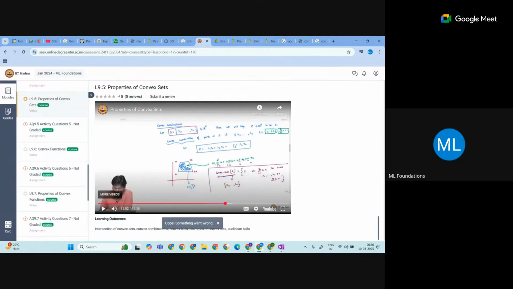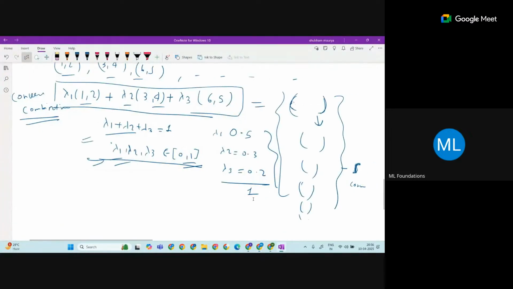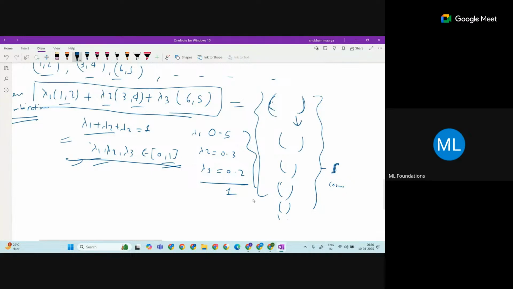This combination is called convex combination, and whatever set I get by generating this way is called the convex hull. Sorry, I thought maybe I was telling it wrong, but it is correct. So this set is called convex hull, and this combination is called convex combination. That is what I said.